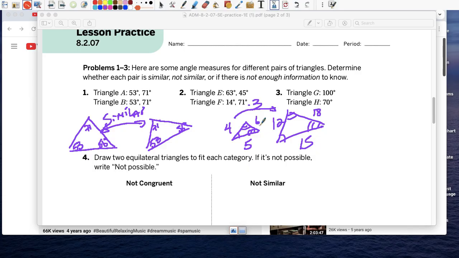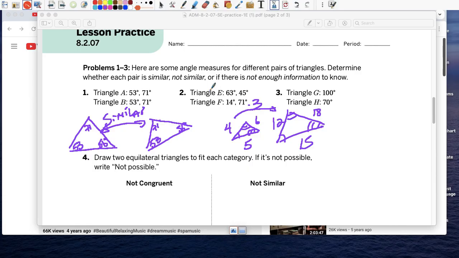So all the angles are going to be congruent, but the sides are going to be proportional, meaning the same scale factor we use to either make a bigger version of it or a smaller version of it.